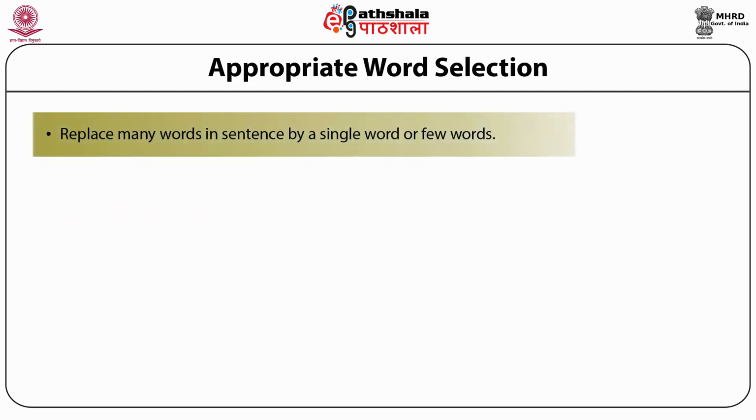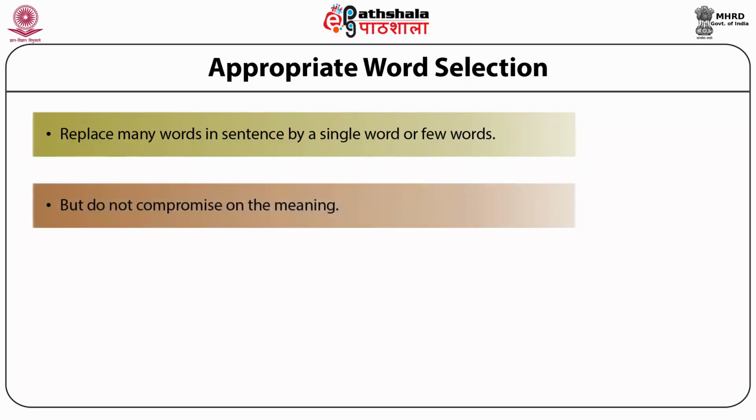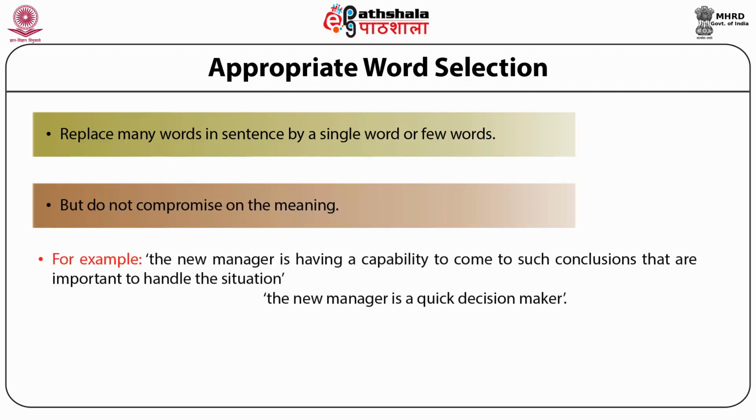Do not write many words in a sentence if those words could be replaced by a single word or few words. Do remember that such words should not compromise on the meaning. For example, instead of writing, "The new manager is having a capability to come to such conclusions that are important to handle the situation," it is better to write, "The new manager is a quick decision maker."